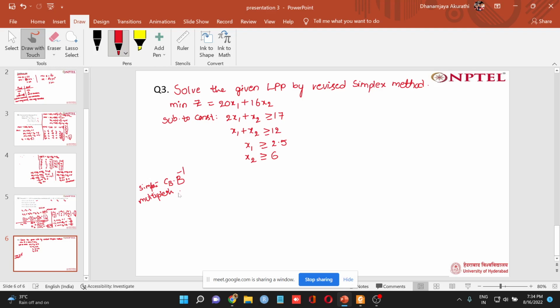I just give you some help: with the help of simplex multipliers, the dual and the primal have a relation that we can call strong duality in LPP. That will come later. So we can say that the simplex multipliers can be useful in duality theory as well as in sensitivity analysis, which also comes in the forthcoming weeks. So let's start doing the revised simplex method.